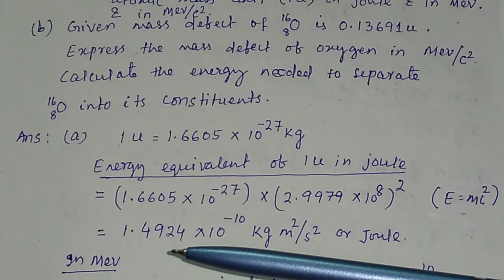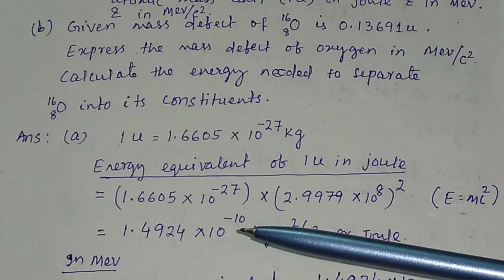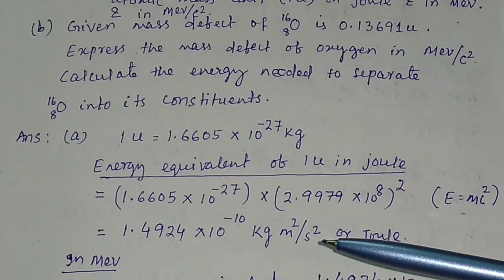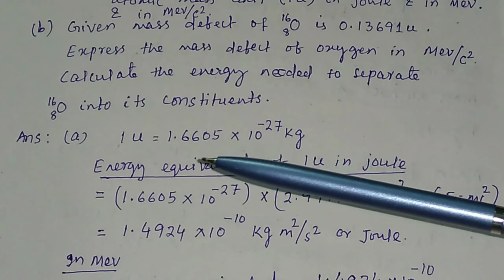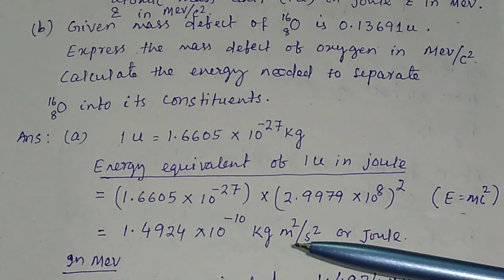So it will be equal to 1.4924 into 10 to the minus 10 kg meter square per second square, or joule. So the energy equivalent of one atomic mass unit is equal to 1.4924 into 10 to the power minus 10 joule.